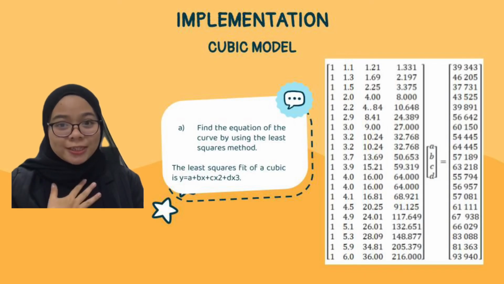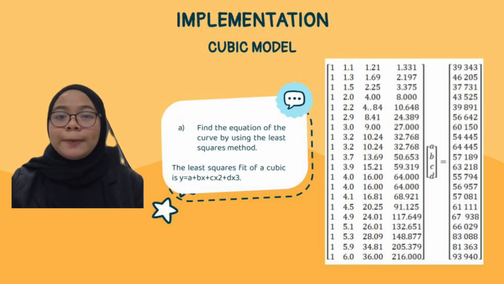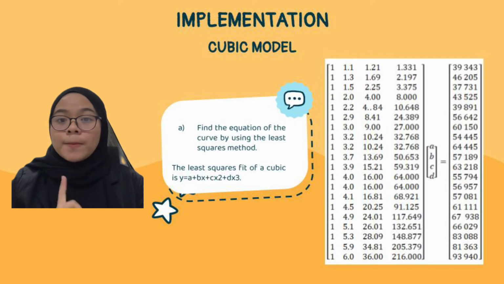So, I will continue our presentation about the implementation for the cubic model. The cubic model is also the same as the linear and quadratic models, but the size of matrix M is bigger than the others. So, firstly, we need to find the equation of the curve by using the least squares method. The least squares fit of cubic is y equal to a plus bx plus cx squared plus dx cubed.